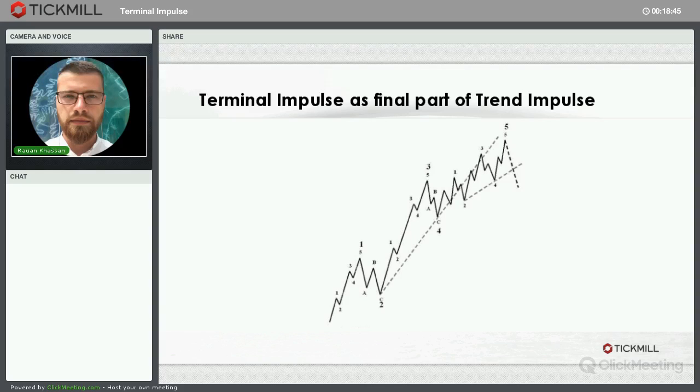Wave 4 does not overlap the beginning of wave 2. Wave 3 is the longest one, etc. So all rules are in place. Our major point of interest is that the final part of this trend impulse is represented with a terminal one.